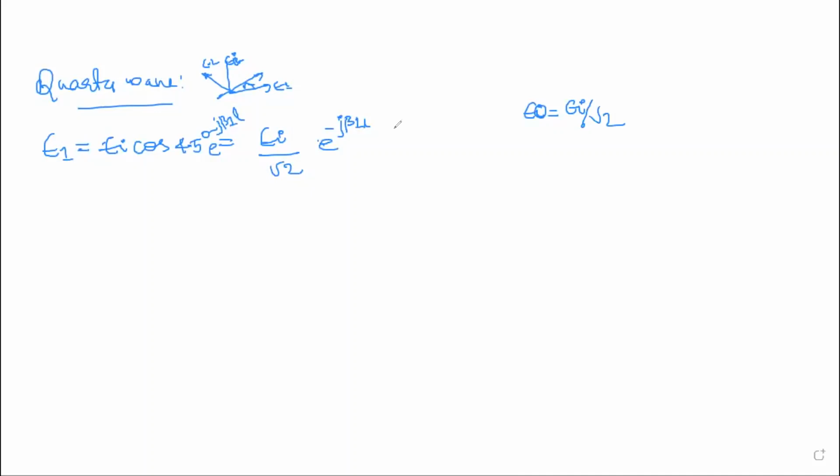So the equation you can write, instead of Ei by root 2, is E naught e to the power minus j beta 1L. So consider this as your first equation.